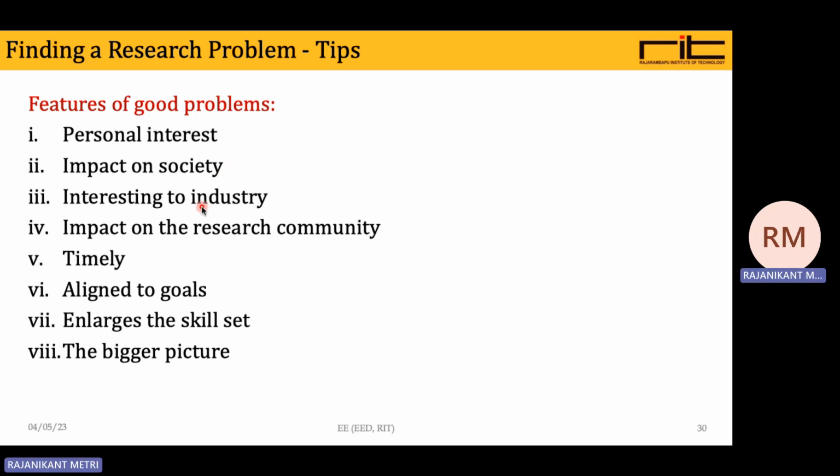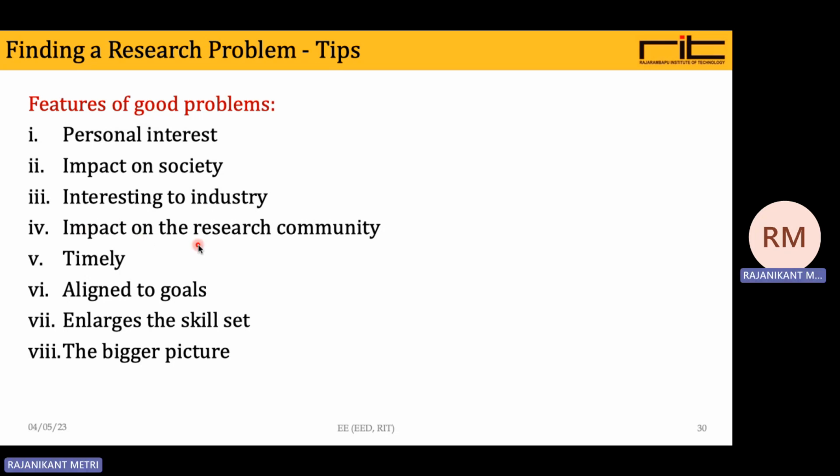Or another one, say if we have designed a machine which is more efficient and consumes low power, then whether industry is interested to consider your research problem for their further developments. So this is also one important aspect of a good research problem, whether it is of interest to industry.